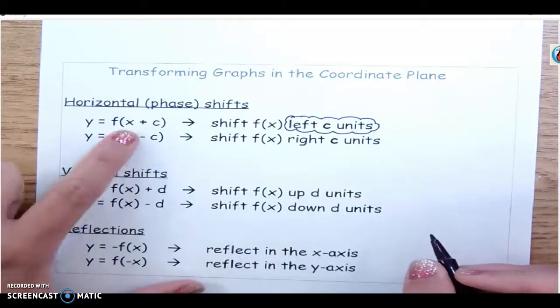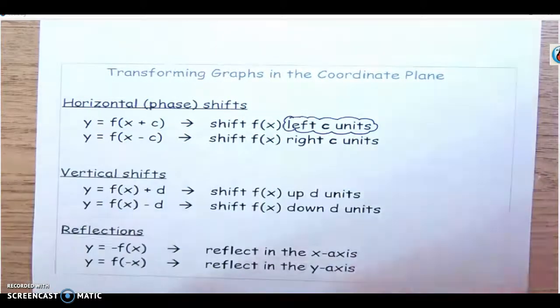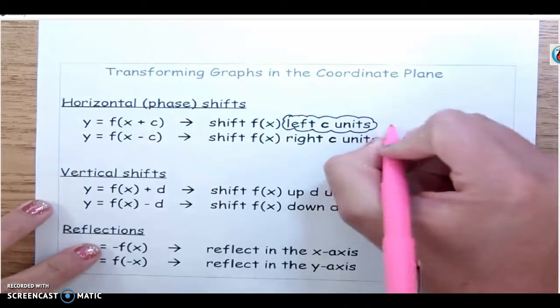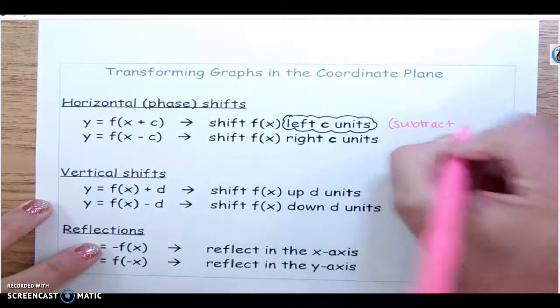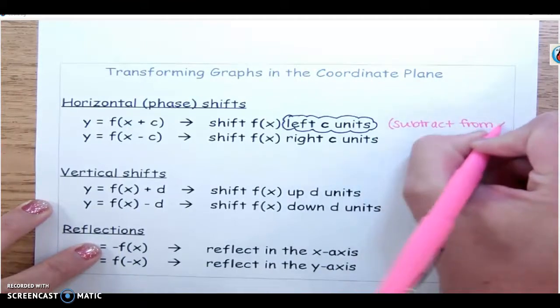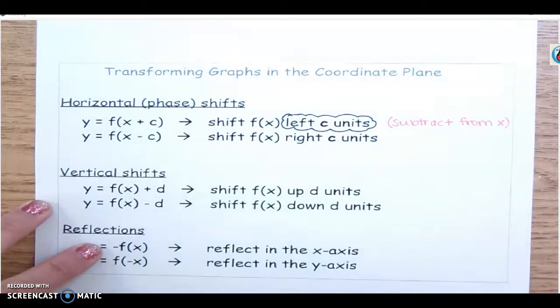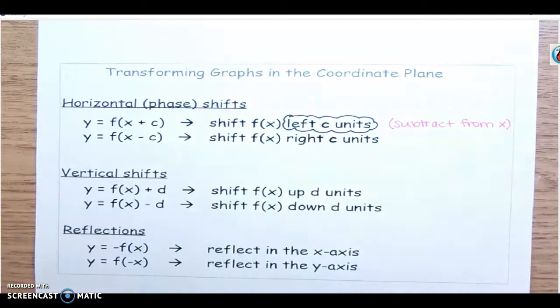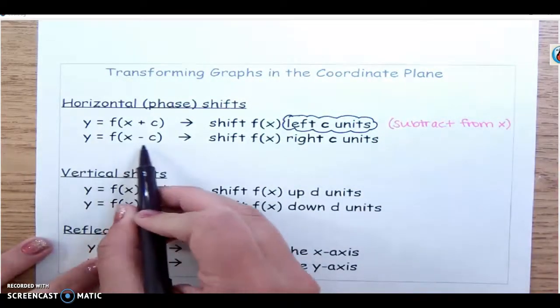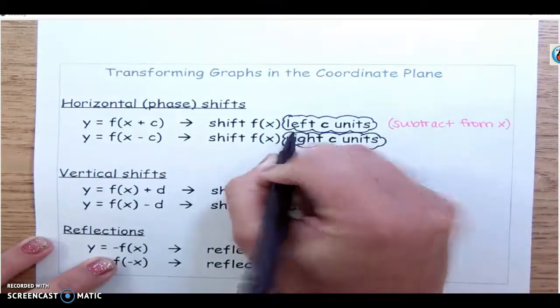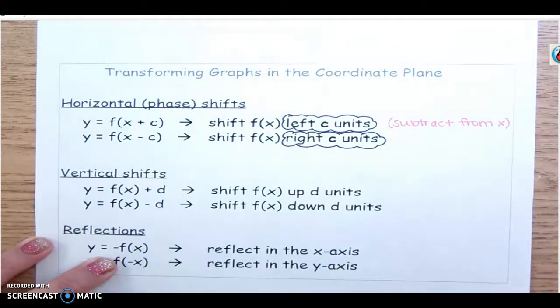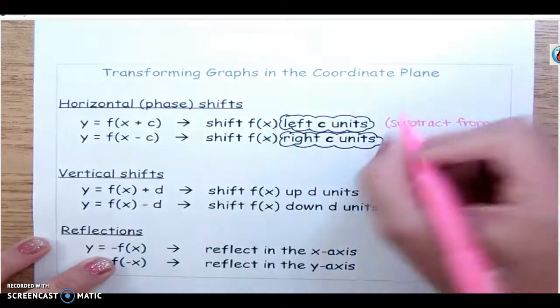Okay, so when it's x plus c in the parentheses here, when we graph, this means you're going to subtract this value from x. Okay, and we'll give you lots of examples of what this is going to look like in a second. And then if it's x minus c, that means we're going to go right c units. So then when we're graphing, we're going to add to x.